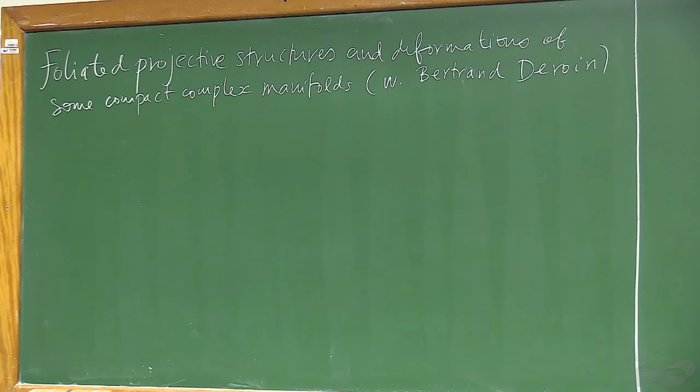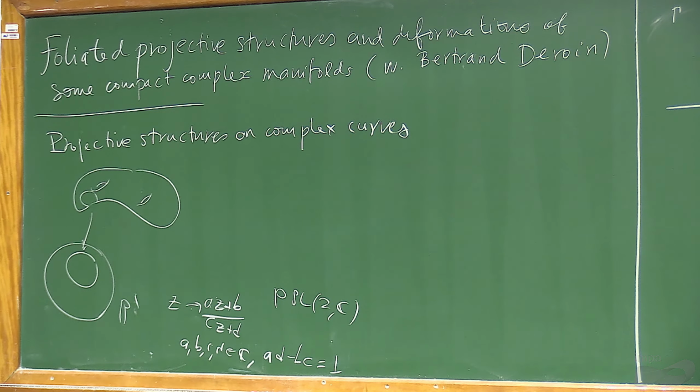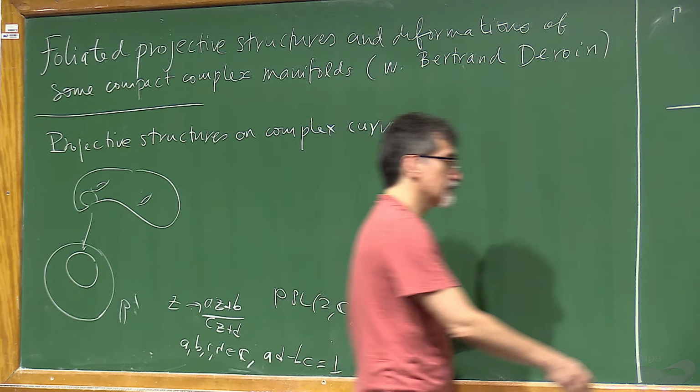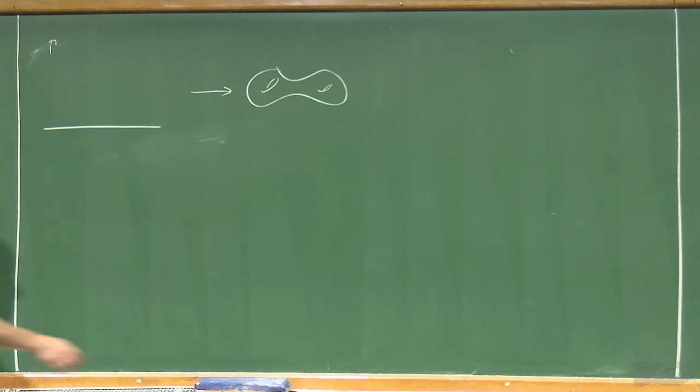If you fix your projective structure on your curve, all the projective structures on it are parameterized by quadratic differentials. Let me write this down.